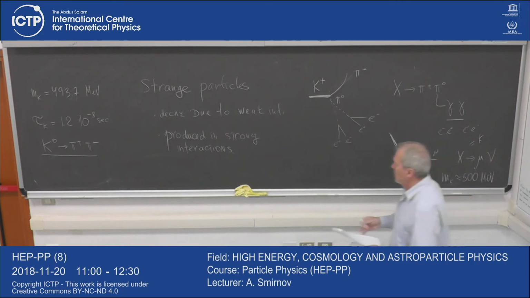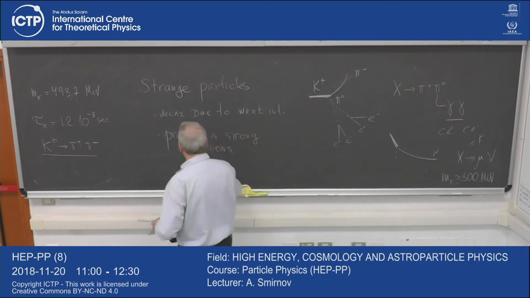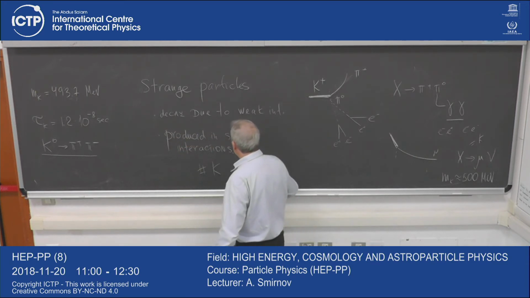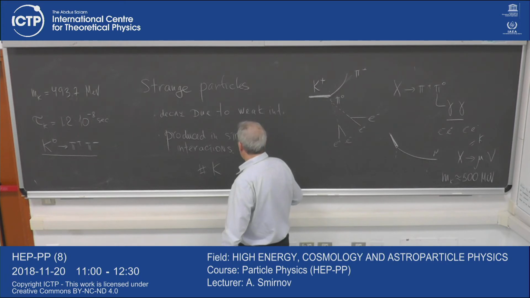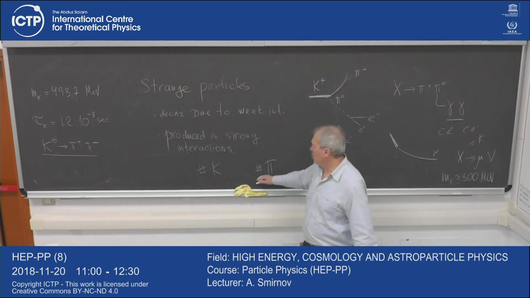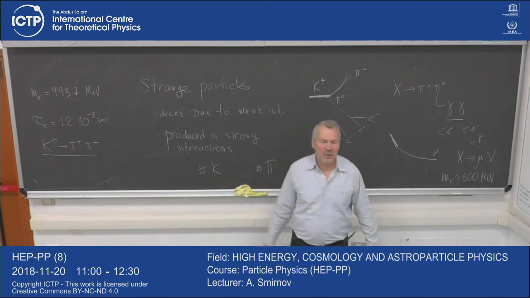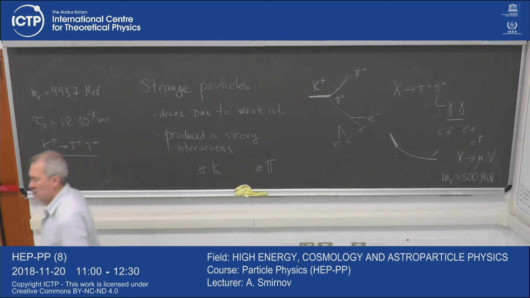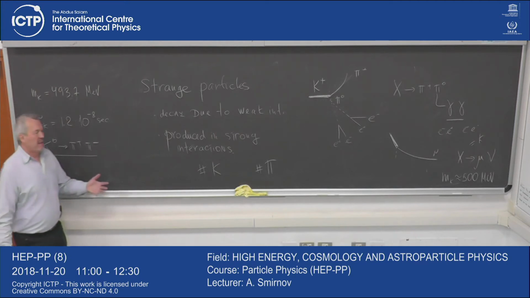But what has been found is that the number of events with kaons is not much smaller than the number of events with pions. If this were produced by strong interactions and that by weak interactions, you would expect 10 orders of magnitude smaller number of events. Of course, the number of K meson events was smaller, but that was just explained by the difference of masses.